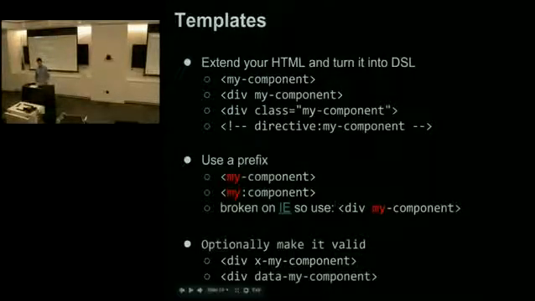Optionally, on one last note, it's possible to make your HTML standards compliant and valid by adding prefixes to your attributes when you are adding directives using the attribute syntax. By itself, the my-component syntax as an attribute is not valid HTML because my-component is not part of the standards specification.